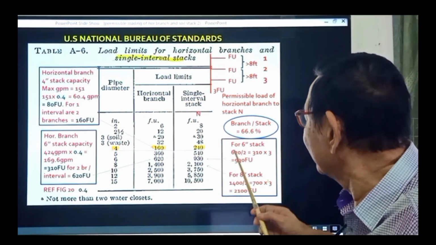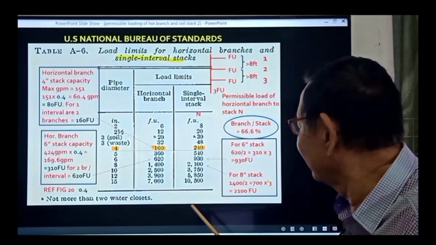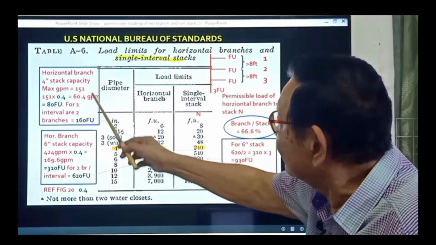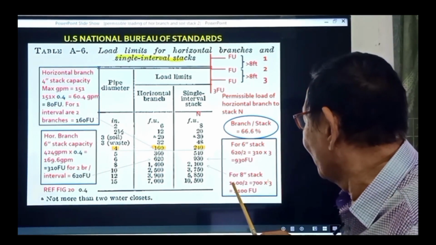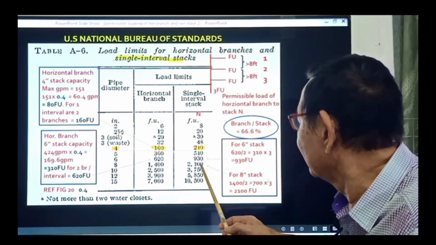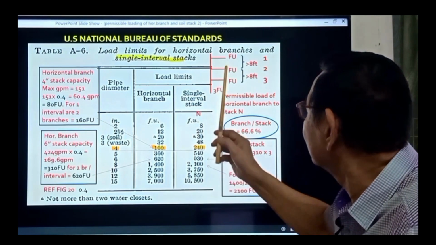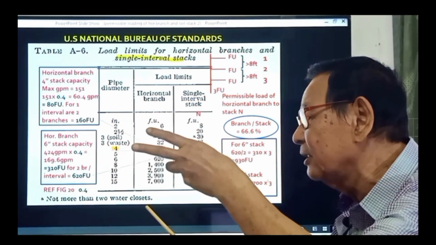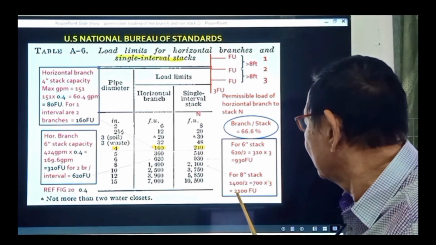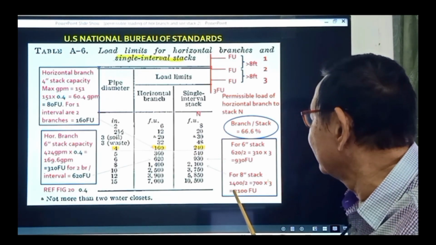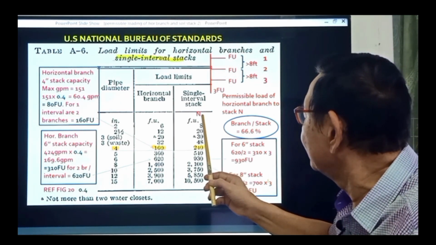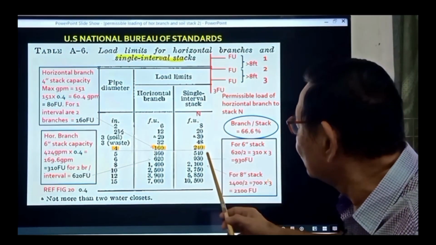So, the same for ang 8 inches. Ang solusyon ito rin. 1,400 divided by 2. Itong isang discharge na yan. Kasi dobleng horizontal ang discharge. So, 2,100.